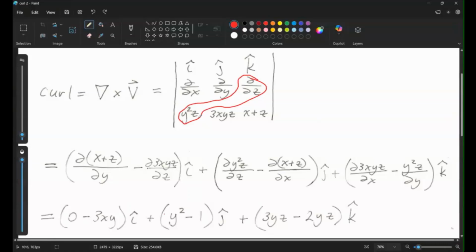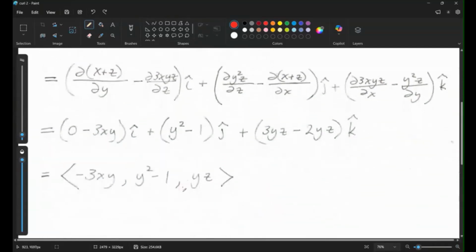If we put the y squared z up here, we get this. Then if we put the x plus z up here, we get this. And then for the last one, we're doing the determinant of this. So we put this up here and get this, and we put this up here and get this. Now we just need to do all these derivatives.